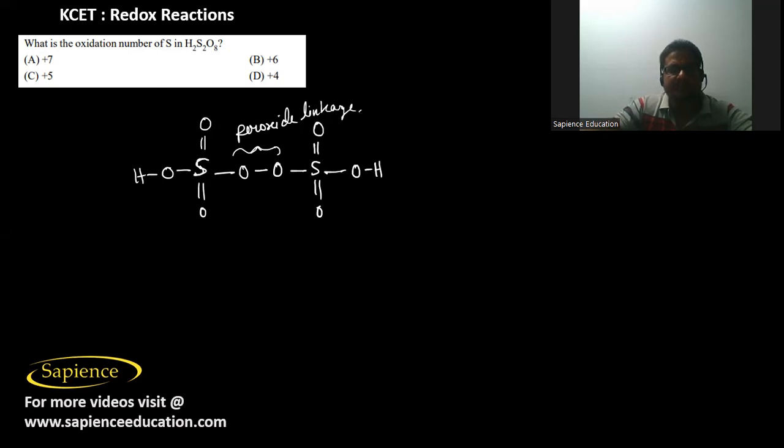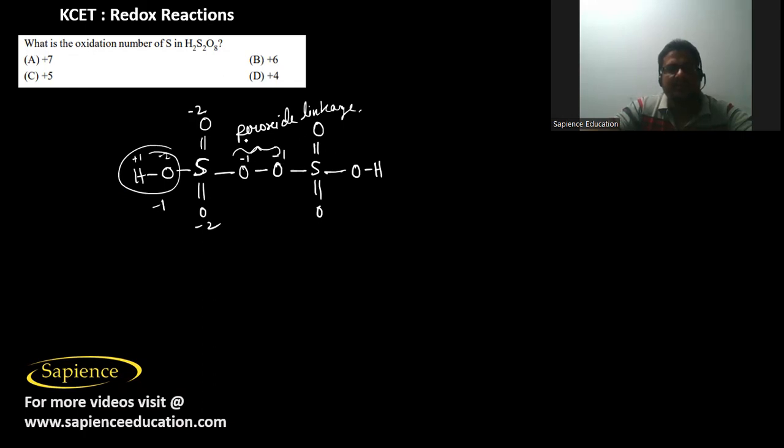So this oxygen is in the -2 oxidation state. Oxygen is always in the -2 oxidation state, but here hydrogen is +1. So this entire hydroxide OH is in -1 charge, and each oxygen atom in the peroxide linkage is in -1 charge.